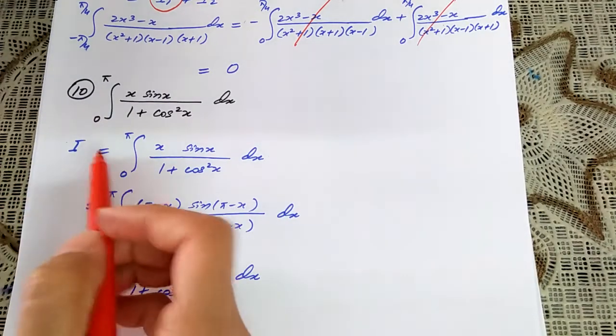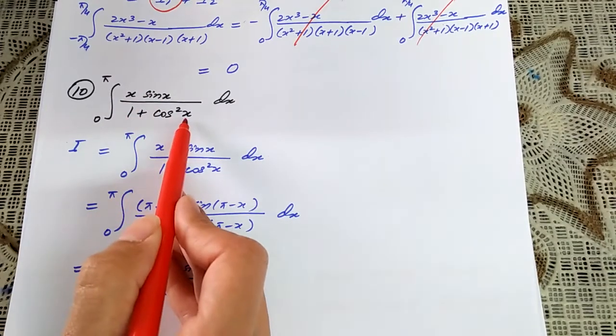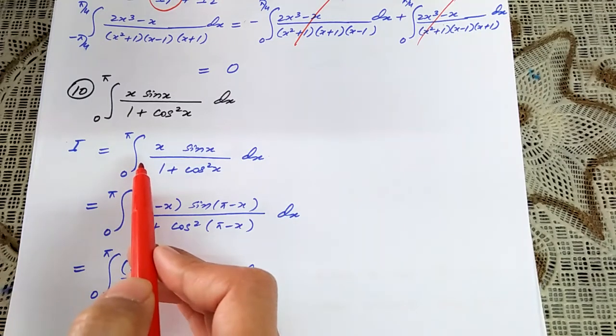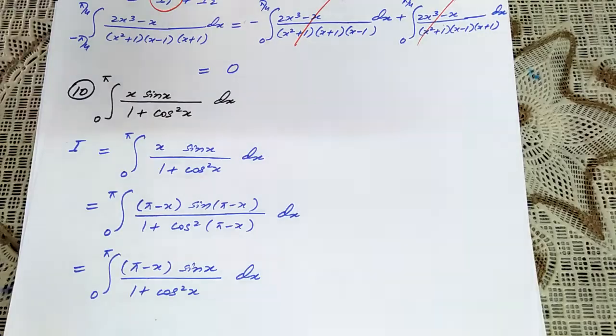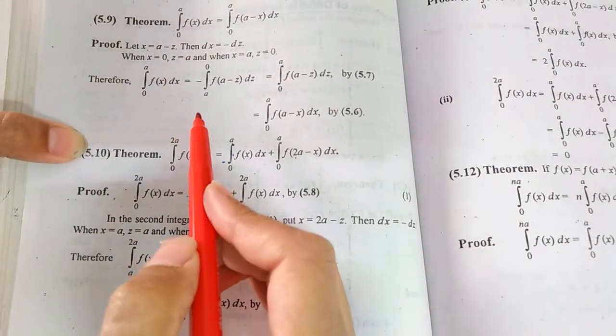Question number 10 says, integrate from 0 to pi x sine of x over 1 plus cos square of x dx. We know that we have a theorem, that is theorem 5.9, this theorem that is on page number 176.